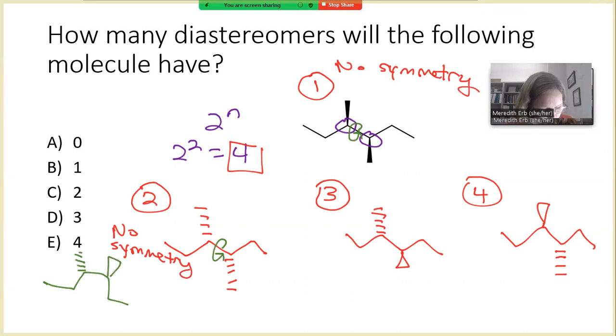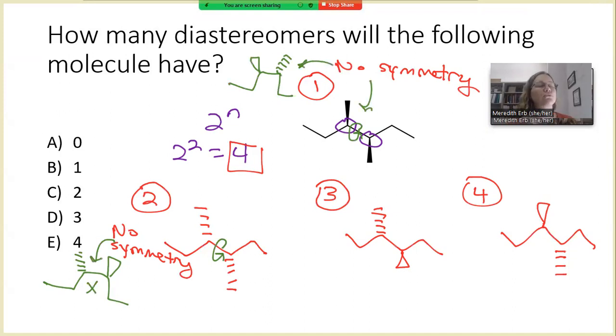When we rotate that bond, one of the dashed methyls becomes wedged. Again, you can see that there's no symmetry in this molecule either. If we do the same analysis for molecule 1, we end up with a wedge and a dash. So again, no symmetry in either form.